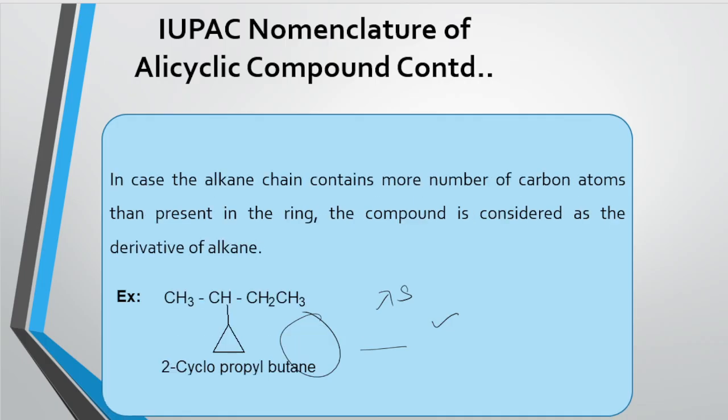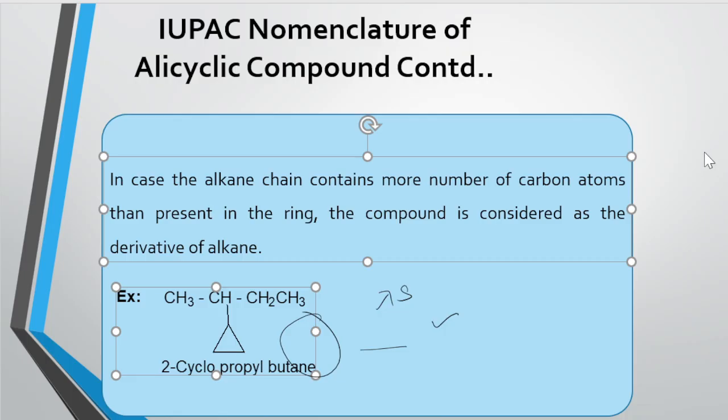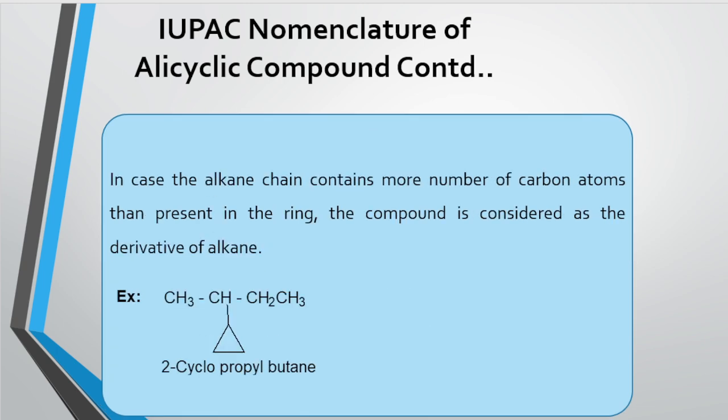In case the alkane chain contains more carbon atoms than are present in the ring, then the compound is considered as a derivative of the alkane. See, if we consider this one, there are 3 carbon atoms in the cyclic compound and 4 carbon atoms in the chain.